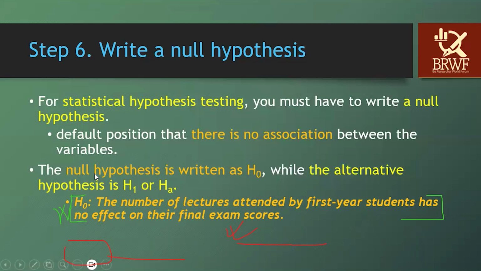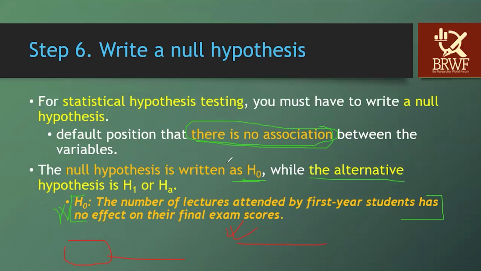Sorry, I think I am wrong. Let me tell from here. In statistical hypothesis testing, you must write a null hypothesis, the default position that there is no association. We will try to focus on no association between the variables. The null hypothesis is written as H0.